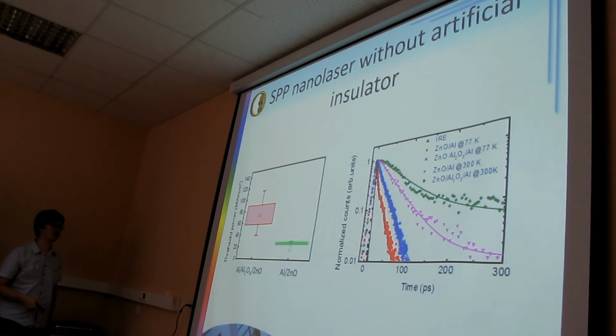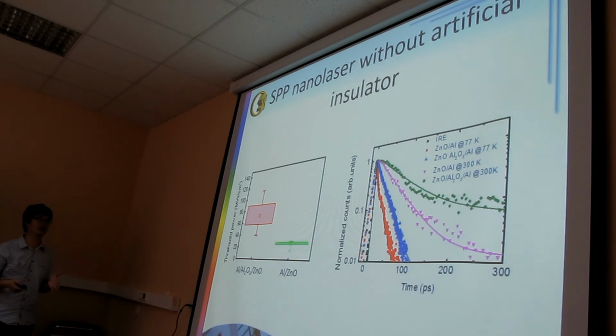We have measured more than 10 devices in each case. The average threshold for the zinc oxide directly placed on aluminum is much smaller than for the case with the gap layer. The threshold is lower and the distribution is small. Yes.